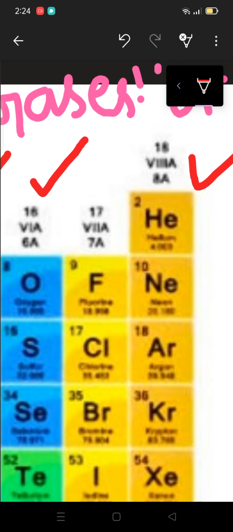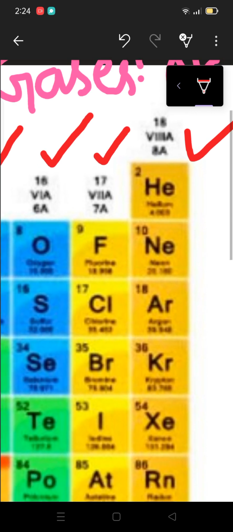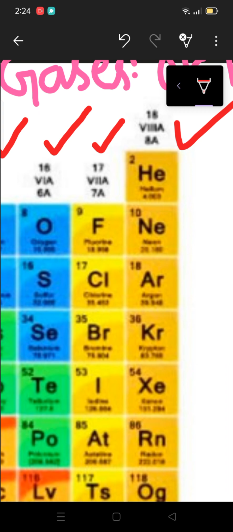Then yesterday we talked about the 7th A group as well, and they were having 7 electrons in the outermost shell. Fluorine, chlorine, bromine, all were having 7 electrons, and they were needing 1 electron to complete the outermost shell in order to make themselves stable.